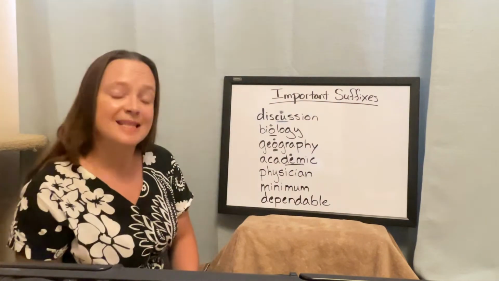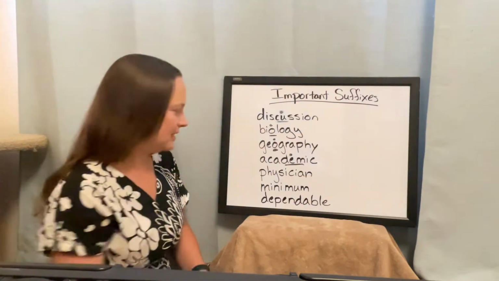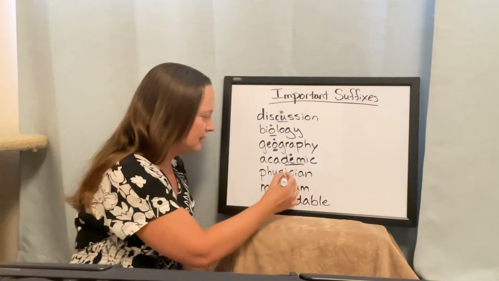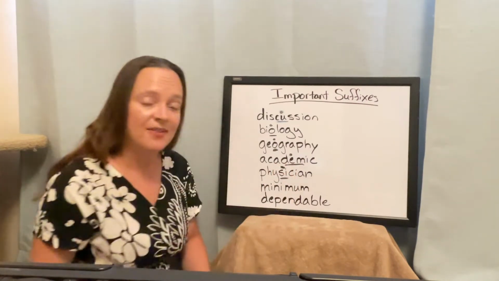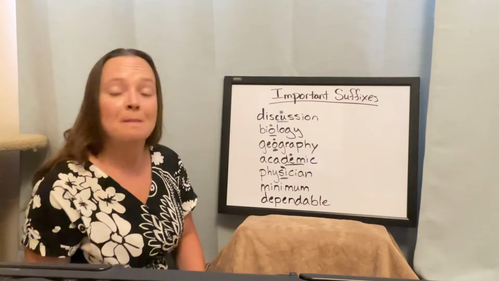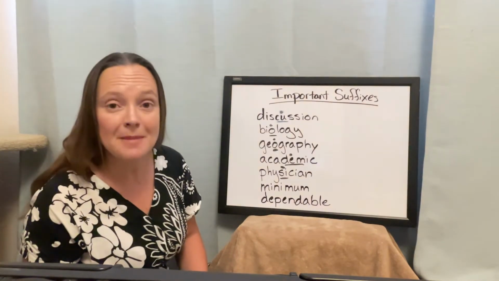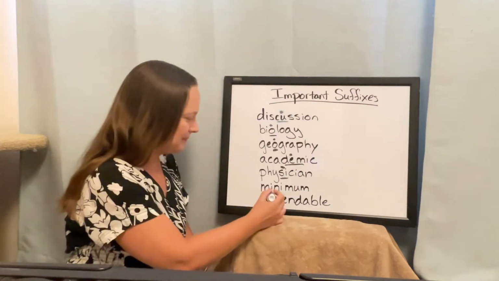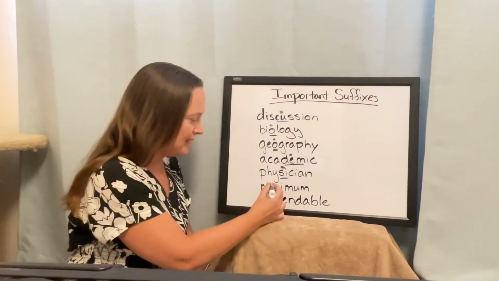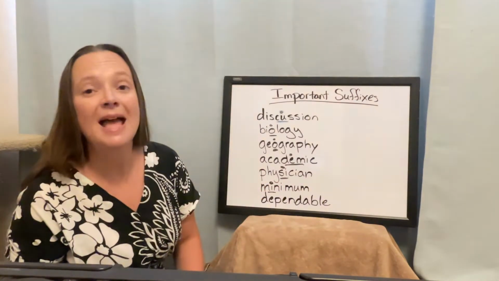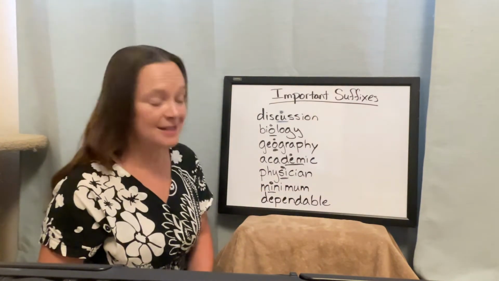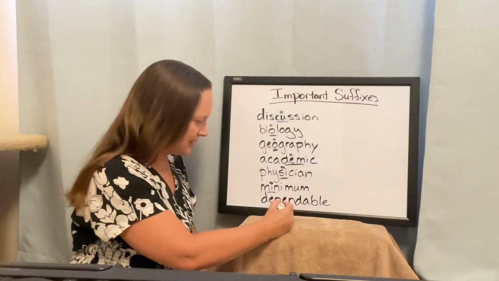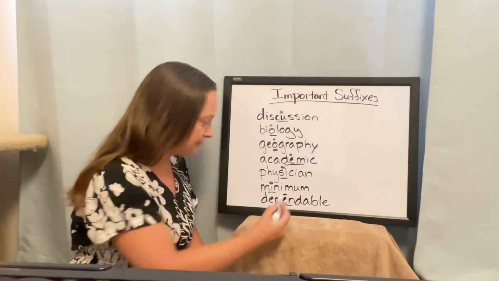How about physician? You should hear stress on the "si." And then minimum, you should have heard stress on the "min." Last one, dependable, and you should have heard stress on the "pen."